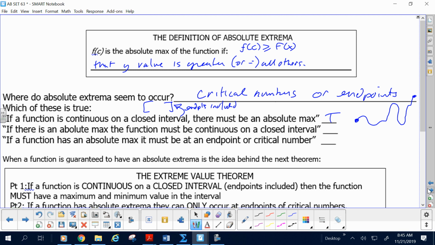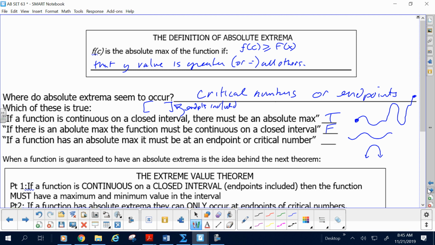I heard the sine has an absolute max. That's true. A parabola. Those don't necessarily end, and yet they have absolute maxes and mins. So that's not necessarily true. I'm just going to say false because it does say must, and that doesn't have to be the case.